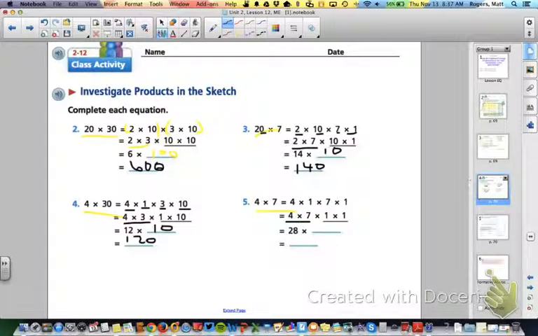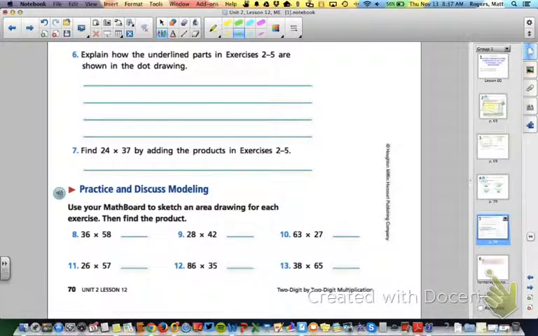So I take the numbers and get 4 times 7, which gives me 28, and 1 times 1, which gives me 1. 28 times 1 is 28. These are the 4 partial products that we talked about earlier. When we're done, we add them all up. Now this is a lot of work, but it may make more sense to your student.